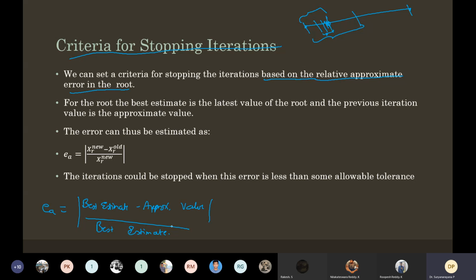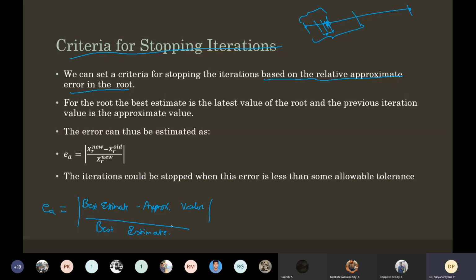Okay, so do you remember what the meaning of best estimate is? What is the best estimate? Anyone? See, in module 2, we learned about the idea of different definitions of error.